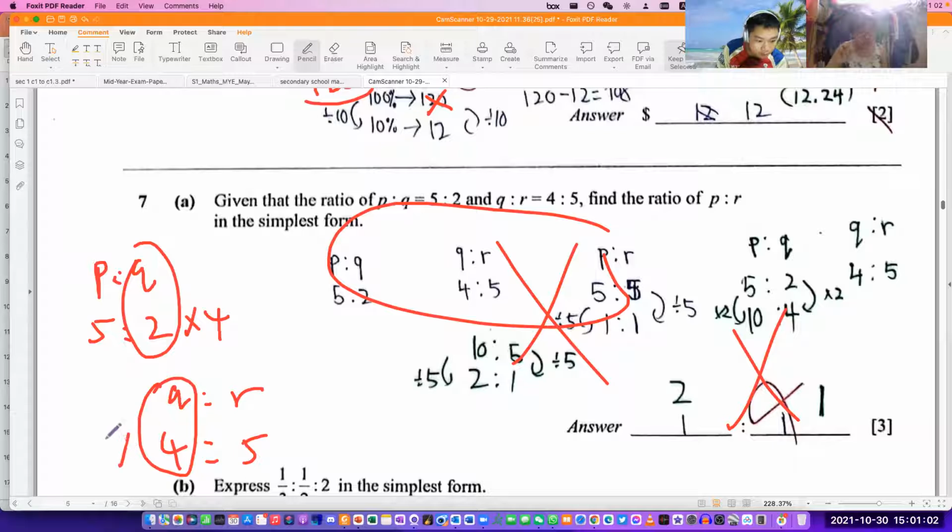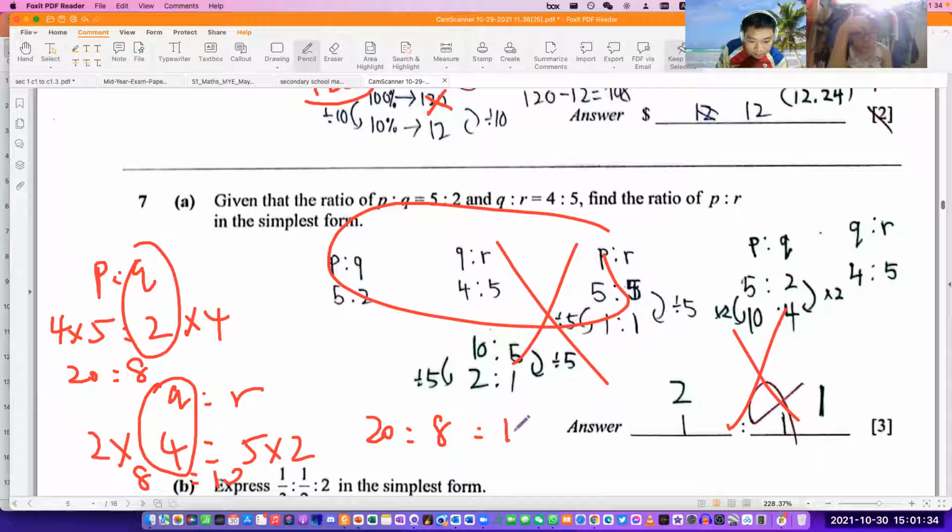Times 4 here, times 2 here, right? Or you can change the 2 to 4 also. But either way, if you times a 4 here, you must times a 4 in front. And if you times a 2 here, you also must times a 2 here. So in the end, you will get 20 to 8, right? Then here is 8 to 10. So it is 20, 8, and 10.